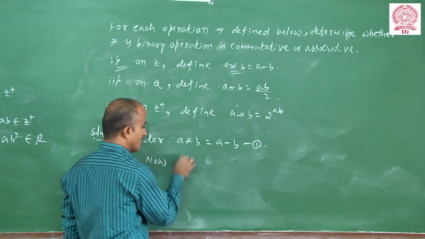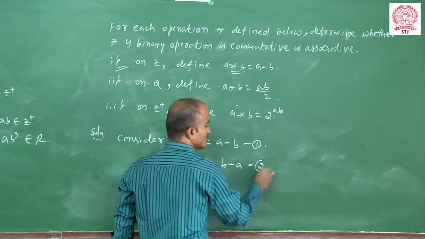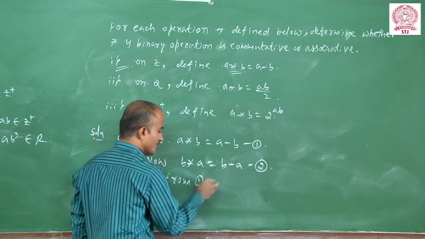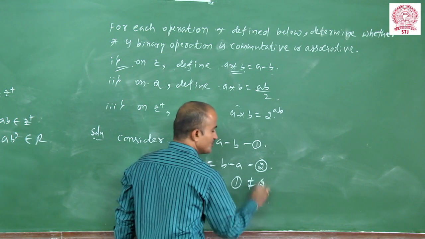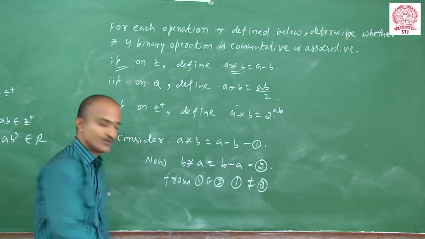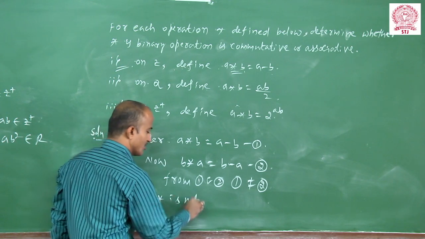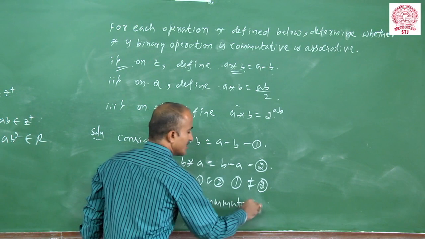Now b star a equals b minus a, call it as 2. From 1 and 2, 1 is not equal to 2. Therefore, star is not commutative.